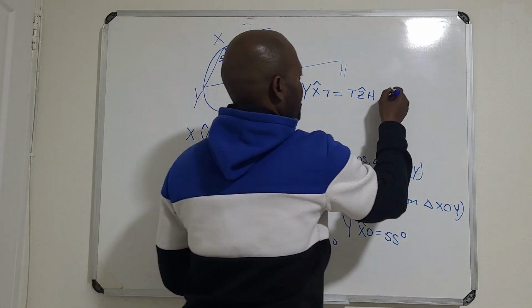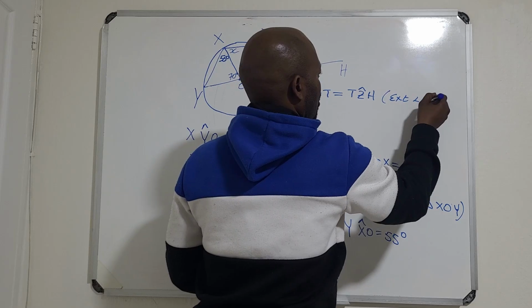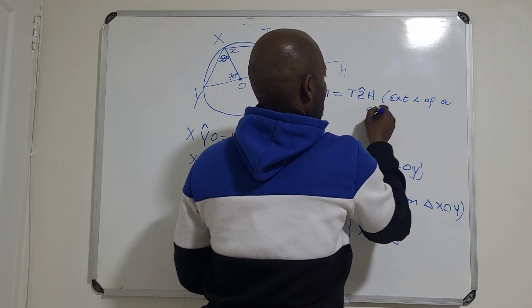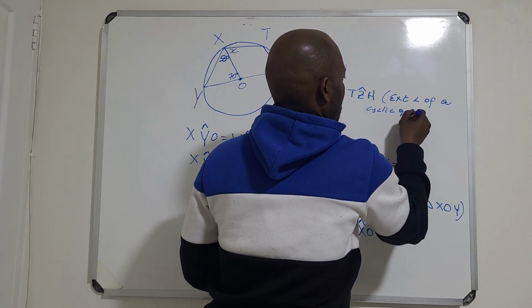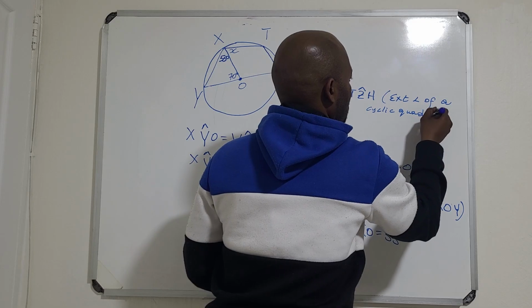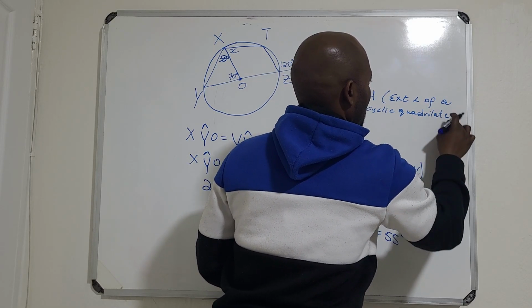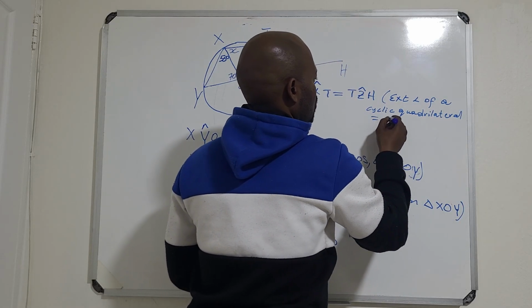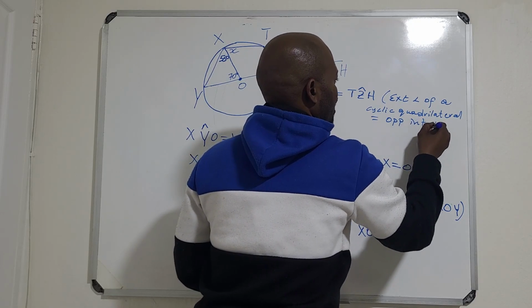Reason: exterior angle of a cyclic quadrilateral is equal to the opposite interior angle.